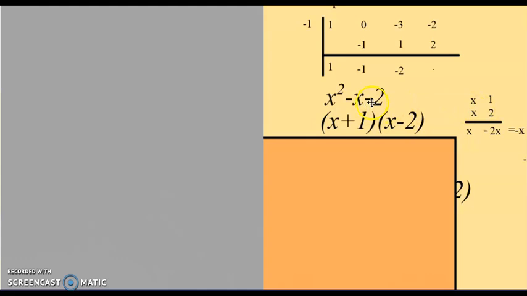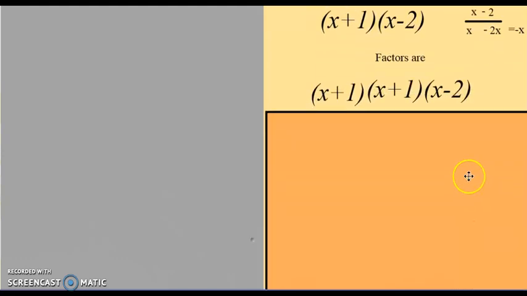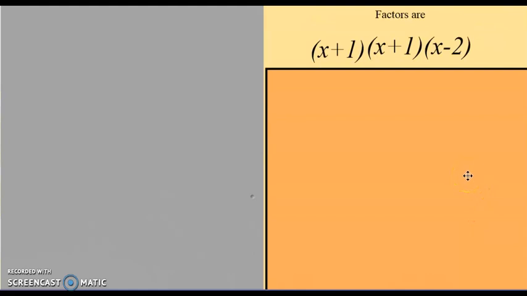Because 1 multiplied by 2 has to be negative, and because 2 is in the cross multiplication as well as this one, it will get the negative sign. So my factors are x plus 1, x minus 2. If I list all my factors: x plus 1, x plus 1, x minus 2. Remember the first one you already had.